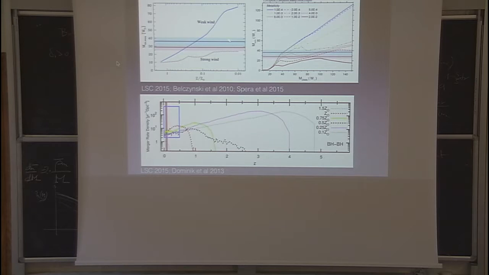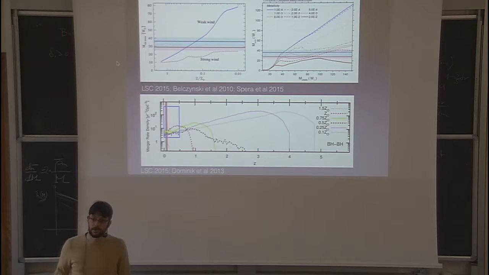So for instance, one of the things that people working on this could conclude from the fact that the LIGO black holes were very heavy is that stellar winds that act during supernova explosions were much weaker than expected. So stellar winds means radiation pressure.